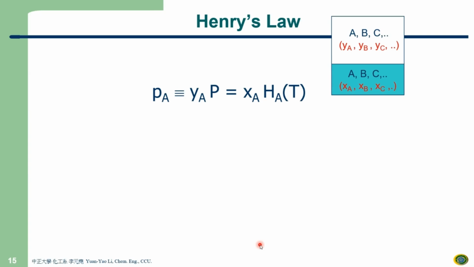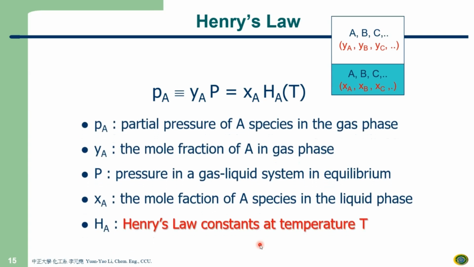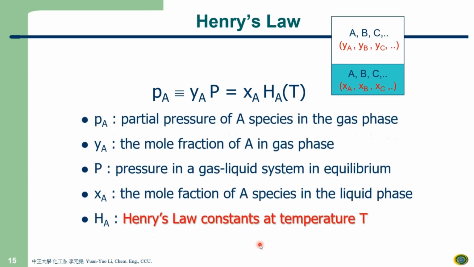How about Henry's law? Henry's law has this Henry's constant at temperature T, a function of T. So what you need to do is find this constant according to different temperatures, for different types of species.